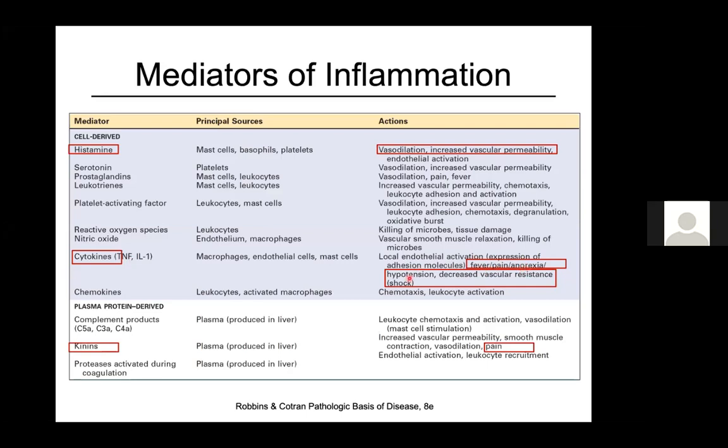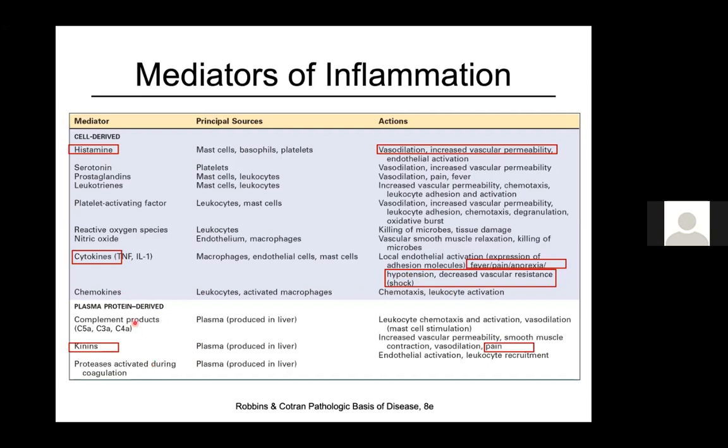In severe infection, this is what I was talking about, in severe gram-negative bacteria infection, where you get a lot of endotoxins activating your immune system, you can get what we call endotoxic shock, which presents with hypotension. So there's basically a fall in blood pressure, like the vascular tone cannot be maintained, and that's what leads to pathology. Then you also have chemokines, which cause chemotaxis and leukocyte activation and so forth.